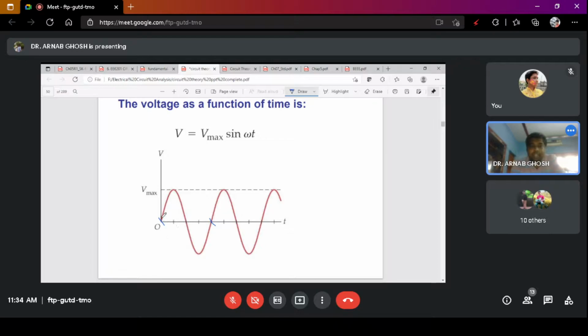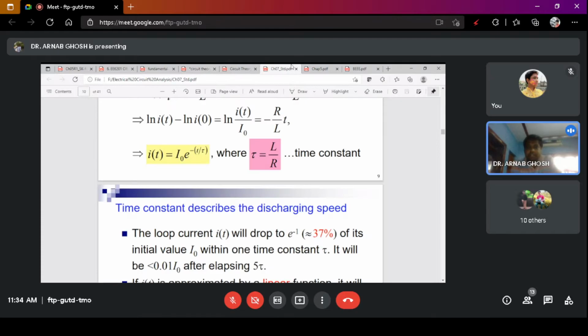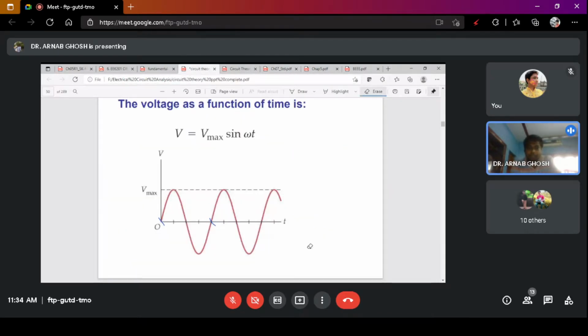So you see this wave once in this time frame. So you have plotted V and T. If you are considering one complete wave, this has changed direction once in this.